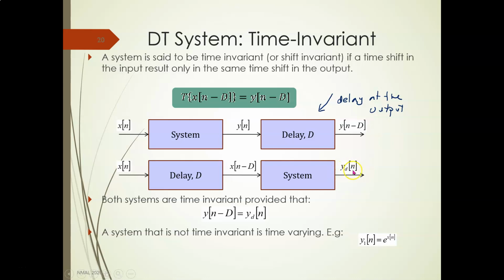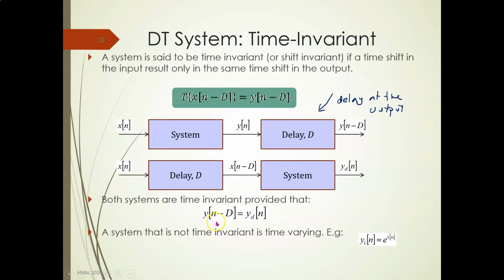So in order for the system to be time invariant, it has to follow this equation, meaning that y n minus d is equal to yd n. In other words, the delay at the output should be equal to when the delay is at the input. So in either of these systems, the result will give you equal values.